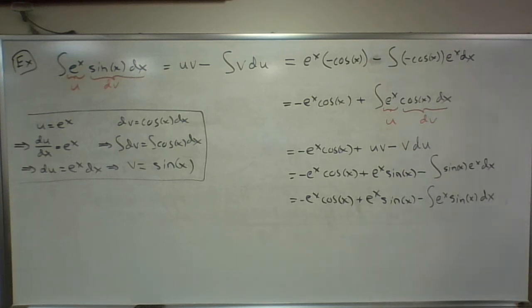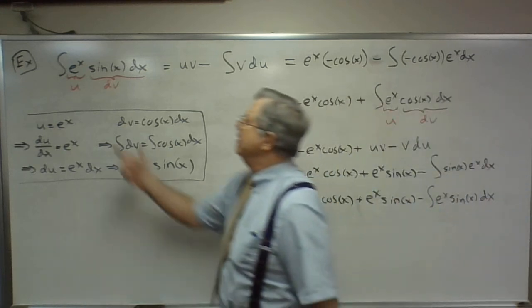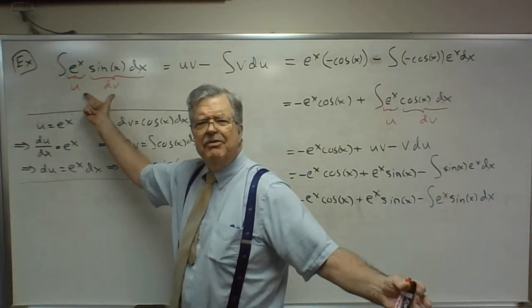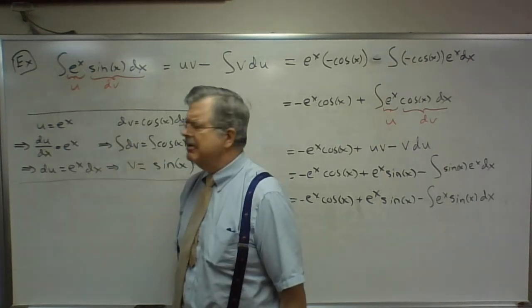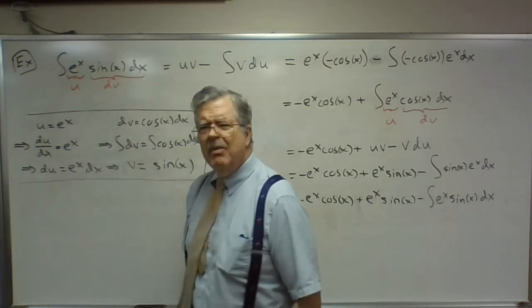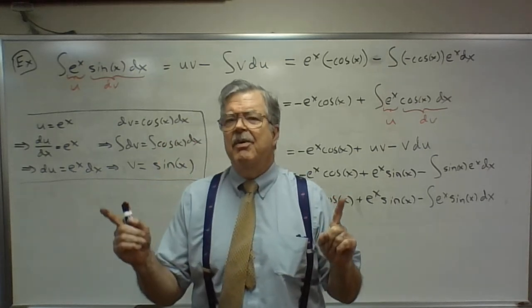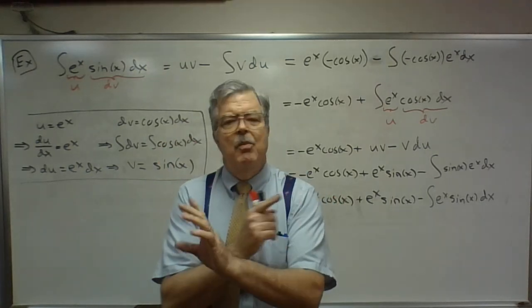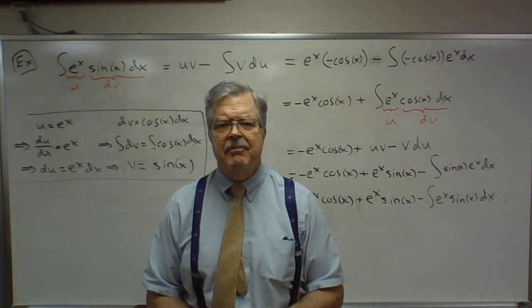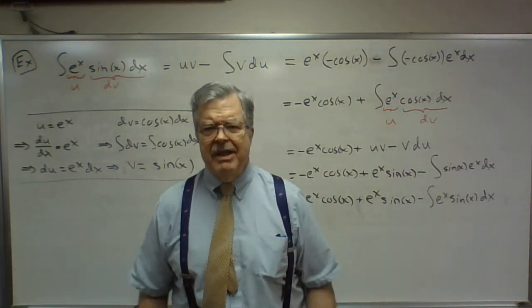And we look at what we have and we say, wait a minute. e to the x sine of x dx? That's what I was trying to compute in the first place. How did that happen? I didn't switch the roles of u and dv from one iteration to the next. So why is this happening?